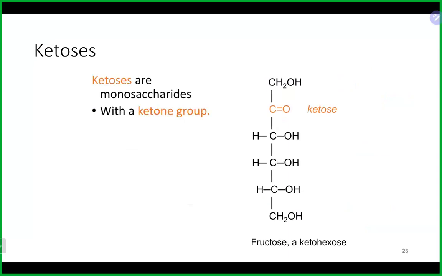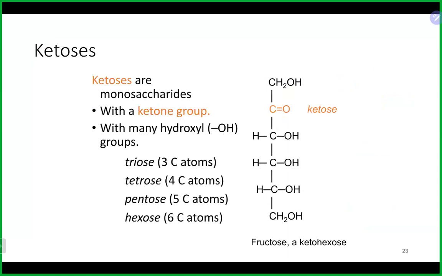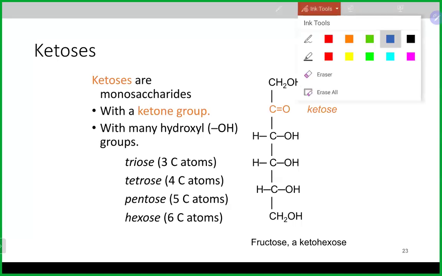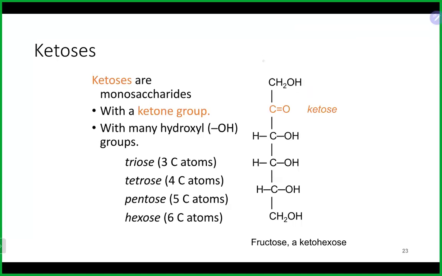Now, as I mentioned before, we can also have a monosaccharide that has a ketone group attached, and that's what we see here. Right here is our ketone group: carbon, carbon, carbon, three carbons in a row with a carbon-oxygen double bond. Like our aldose, for monosaccharides we call this a ketose.